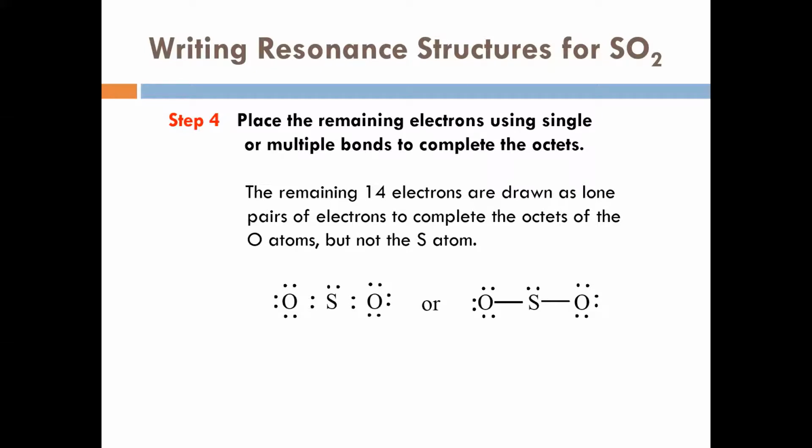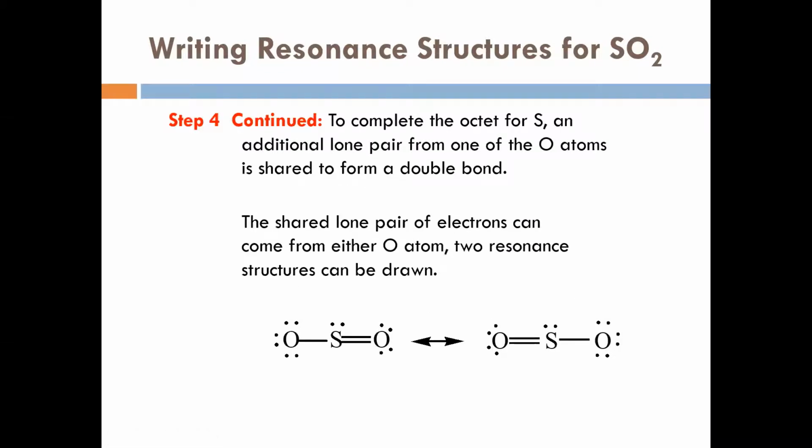All the oxygens are happy, but sulfur is missing 1 pair. So it can take this pair from the oxygen on the left over here, or it could take it from the oxygen on the right. And in nature, it's going to flip-flop between which oxygen it chooses from. And that's known as resonance, okay? Because it could go from either side.